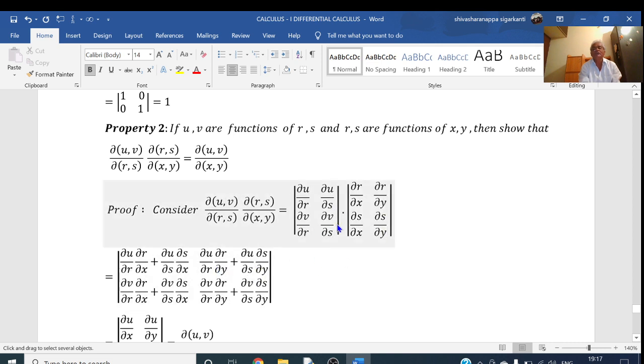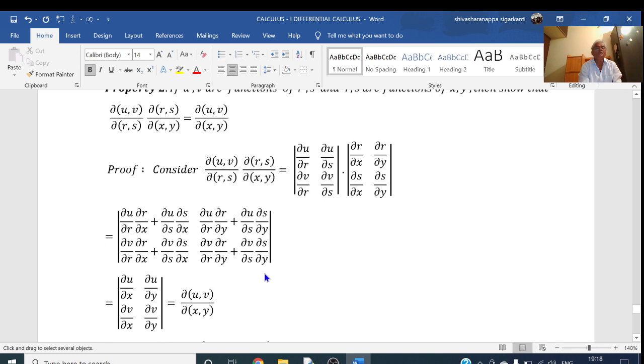Next, second row, first column: ∂v/∂r ∂r/∂x + ∂v/∂s ∂s/∂x. And second row, second column: ∂v/∂r ∂r/∂y + ∂v/∂s ∂s/∂y. Now, what is this?